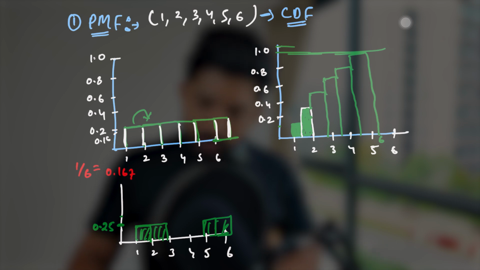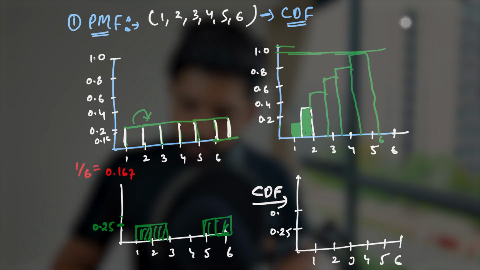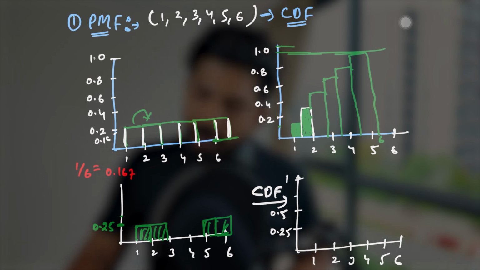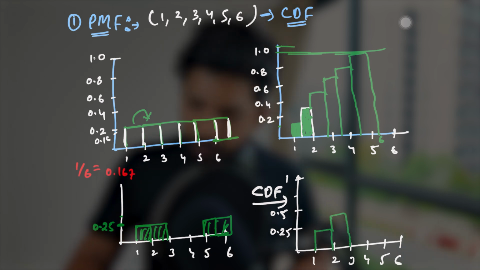Now let's draw the CDF of this one. So the CDF will be 1, 2, 3, 4, 5 and 6. Similarly here also 0.25, 0.5, 0.75 and the last one. So how can you draw that? You know that for 1 we have this, so you can draw 1. For 2 also you have this, but we know that 3 and 4 are missing here, right?